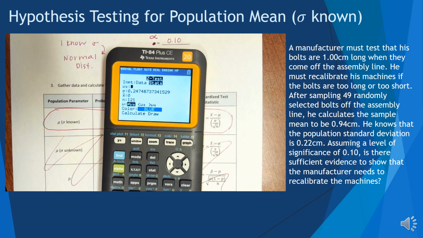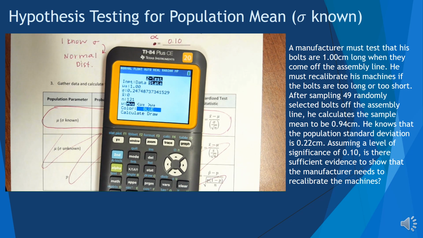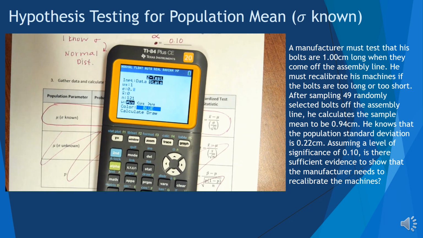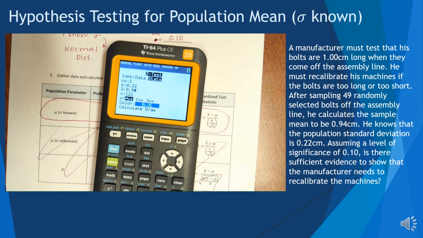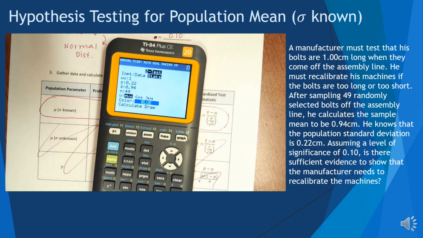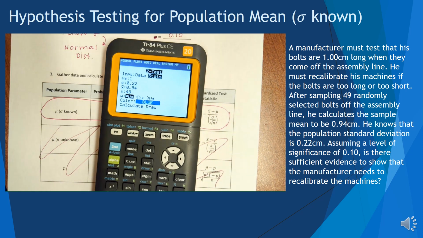Our population mean mu was 1.00. Our population standard deviation, they told us, was 0.22. Our sample mean was 0.94. Sample size was 49. And then you're going to want to select what your alternative hypothesis is. Ours is not equal to.